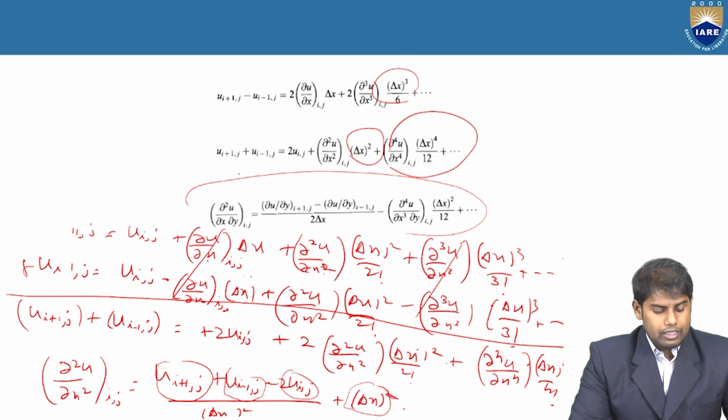We'll arrange these equations at all the grid points. Now we have done it only for i,j. In the computer, in the iterative method, i will vary from 1 to n grid points and j will vary from 1 to n grid points. If you have 100 grid points along x, then i will go from 1 to 100, and likewise for j.